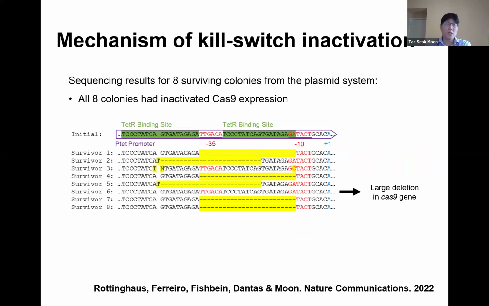And as you can imagine, mutation is random and a very rare event, but we are basically selecting by killing a lot of bacteria. But as soon as one bacterium survives by mutating, like deleting this promoter region or some other region that basically destroys the kill switch function, that one bacterium survives, and then that becomes 2, 2 become 4, and then multiply and dominate the entire population.